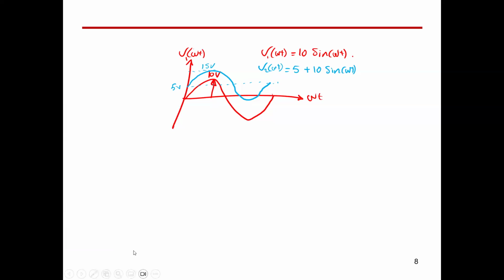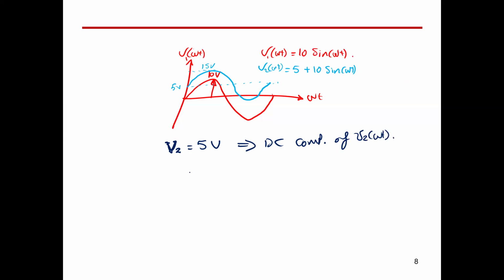If I'd like to say now what is the DC component here, I can say simply for v2, capital V2 equals, actually, it equals 5 volts, which means the DC component of v2 of omega t.